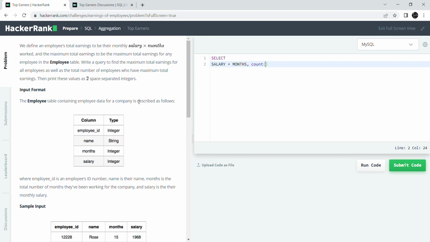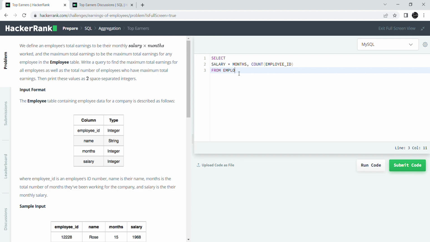Obviously when the question is how many, we have to use the count keyword. So I am using count, and to find the unique element count, I am doing a count on employee ID, from the table Employee.